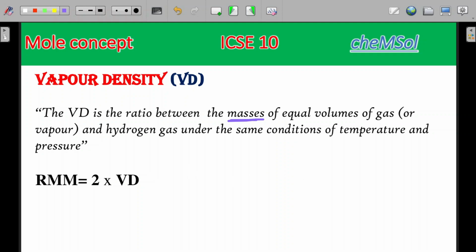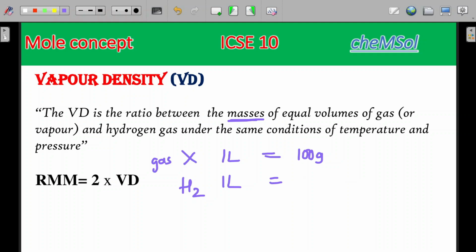Say I have taken gas X. How much have I taken? 1 liter. Then what is its mass? Say 100 grams, I'm just assuming. Then you have to take the ratio of this mass to the mass of 1 liter of hydrogen gas.